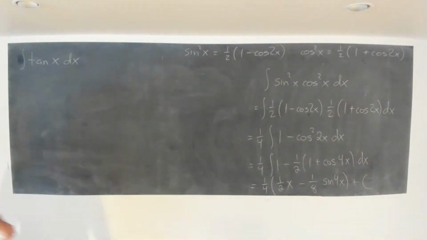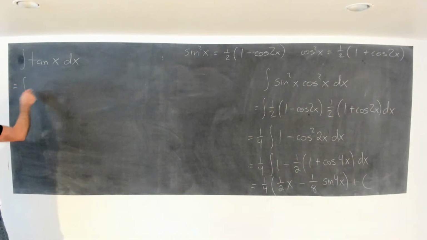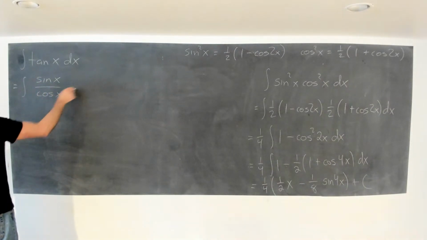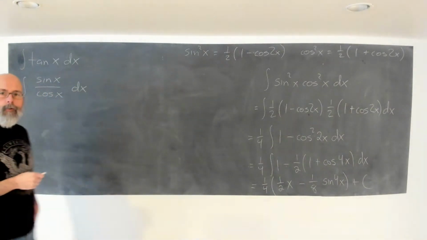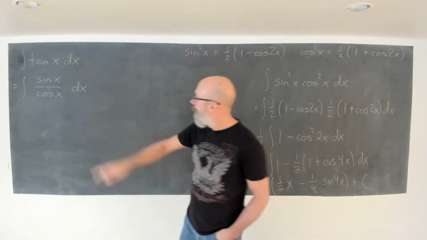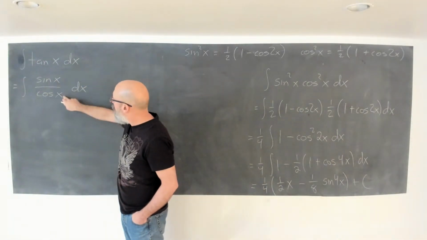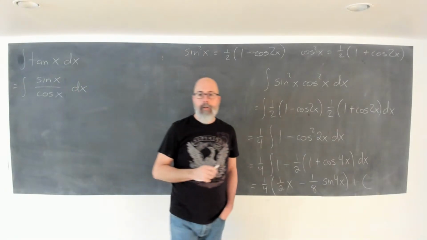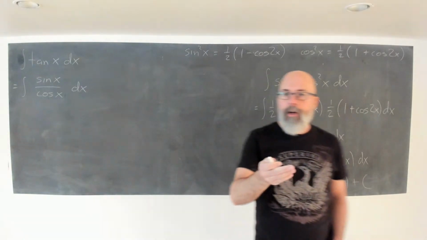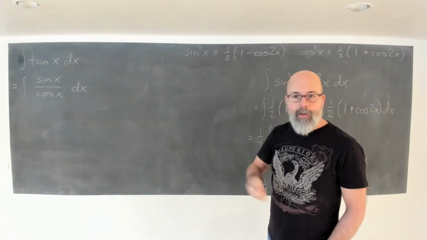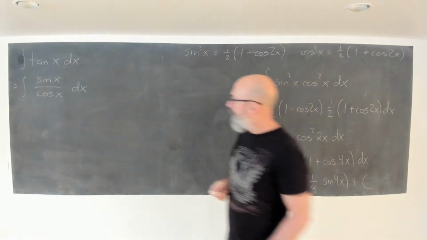Consider the integral of tangent, which we can conveniently rewrite as sine over cos. And then you recognize the derivative of the denominator as being the numerator, essentially.